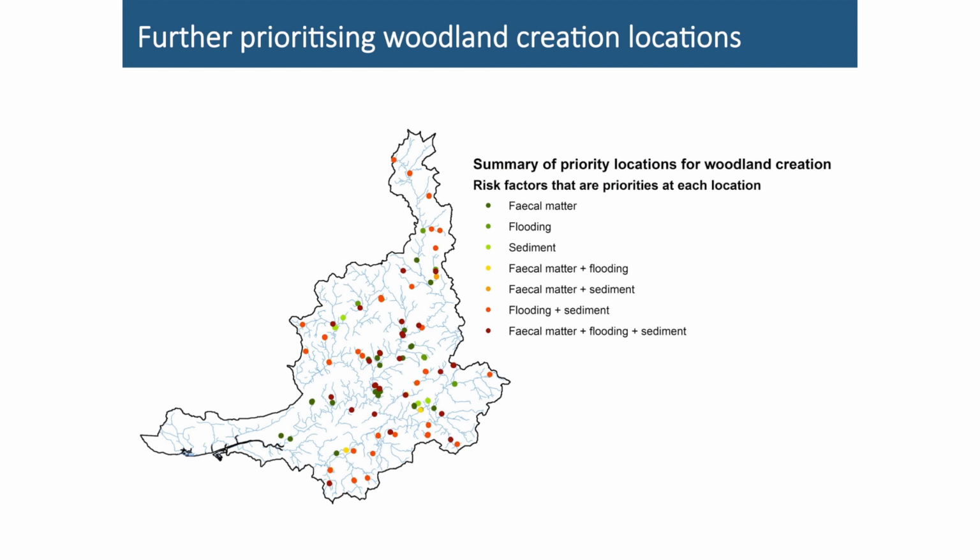So a map similar to this one was created, and it helps you identify where, if you created riparian woodlands along particular stretches of watercourses, you could actually help reduce the risk of various risk factors, and so have multiple benefits for the river. So, for example, if you planted on the dark red stretches of watercourses that have been identified, you could reduce the risk of faecal matter input, flood risk, and also sediment input, instead of just one risk factor.